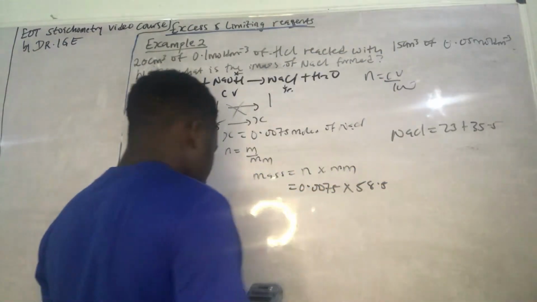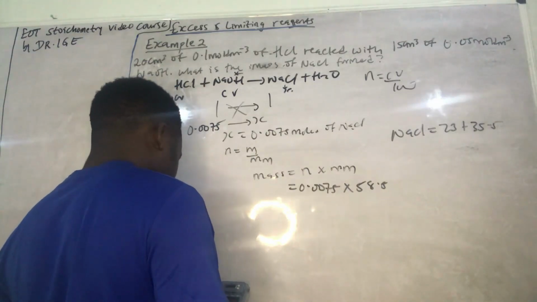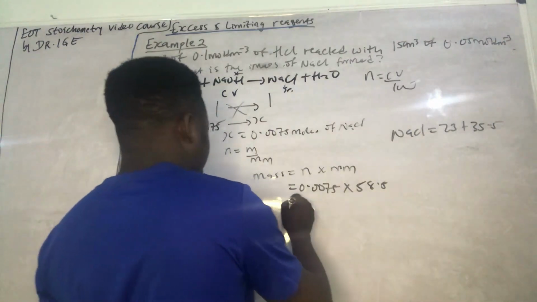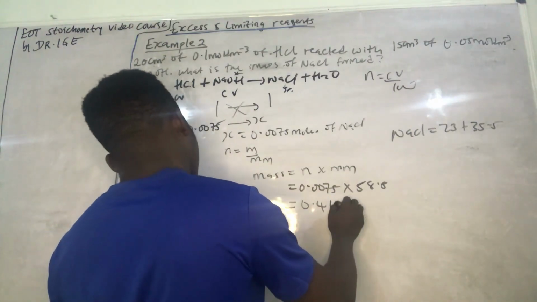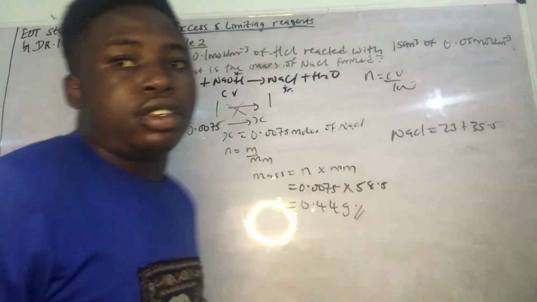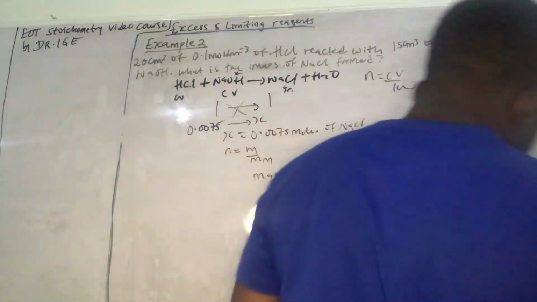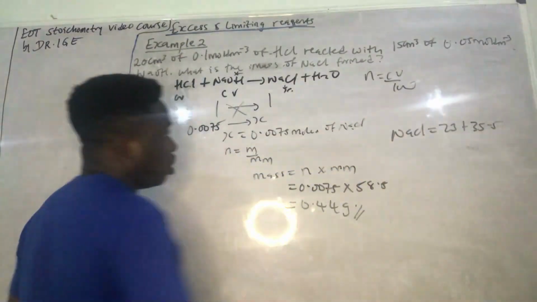So 58.5 times 0.0075, we have that the mass is 0.44 gram approximately. That is how easy it is.